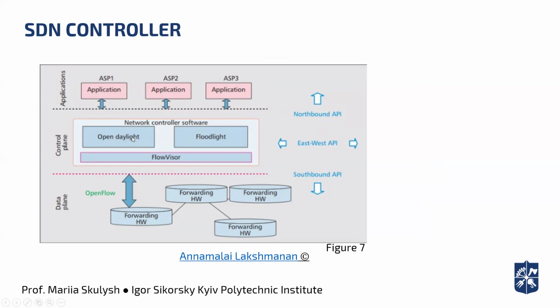The main idea is to quickly recognize requests sent to the controller. The forwarding node connects with the control plane with the OpenFlow protocol. Then different controllers are used. Actually, OpenDaylight is here. Maybe we'll speak about it later, I talk a little.